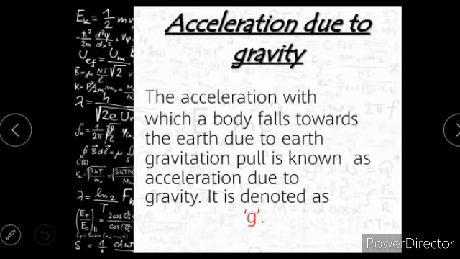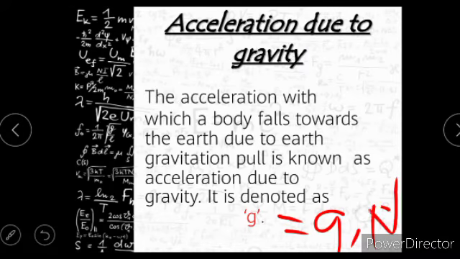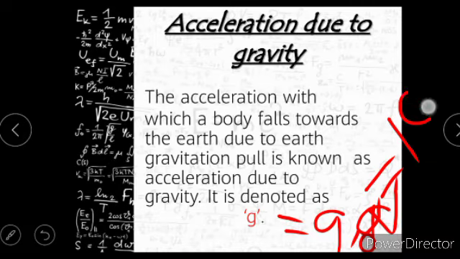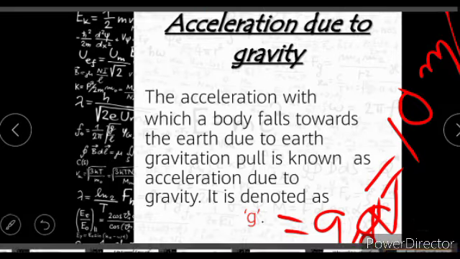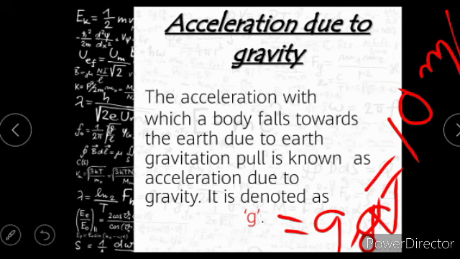The value of acceleration due to gravity, g, is equal to 9.8 meter per second squared. Sometimes we write it as 9.8, or sometimes, in whole numbers, we write 10 meter per second squared. That is the value of acceleration due to gravity.